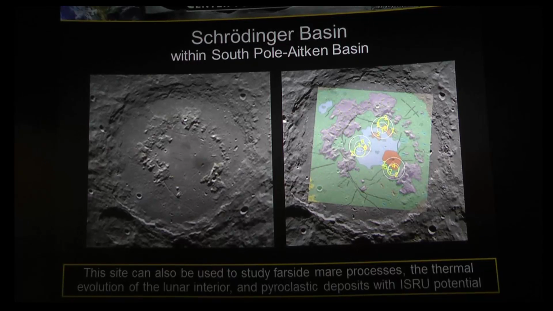And more importantly, because at this point in time we are talking about sending astronauts to do this work, there is what NASA calls ISRU potential. That's an acronym that means in situ resource utilization.